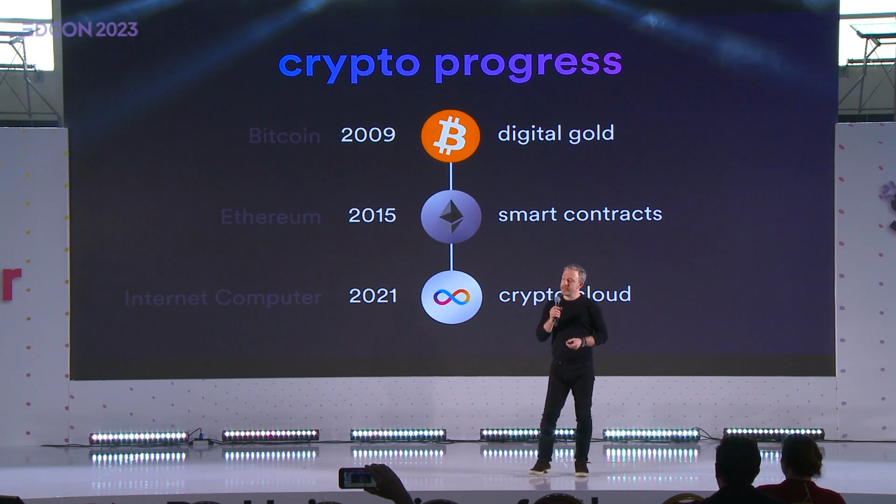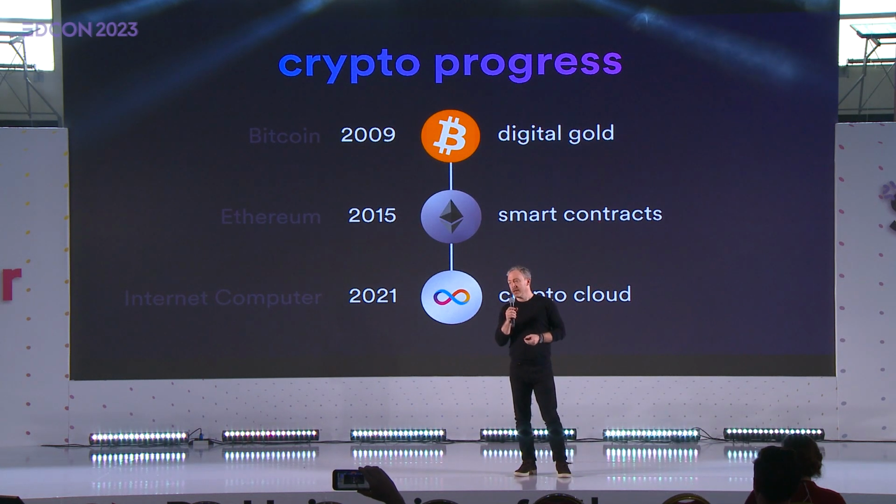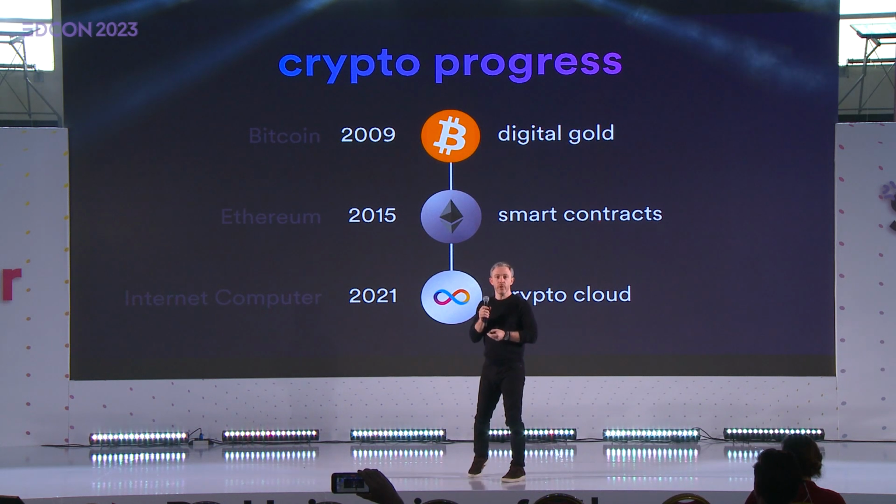So I'm going to talk about realizing the world computer vision by combining Ethereum with the Internet Computer. To give you some perspective, Bitcoin appeared in 2009 and gave us digital gold. Ethereum launched in 2015 and gave us smart contracts.